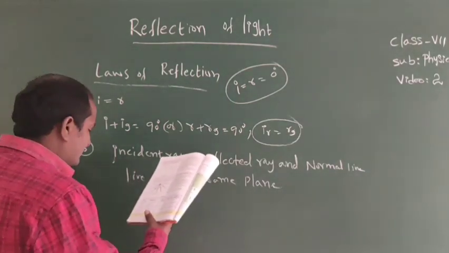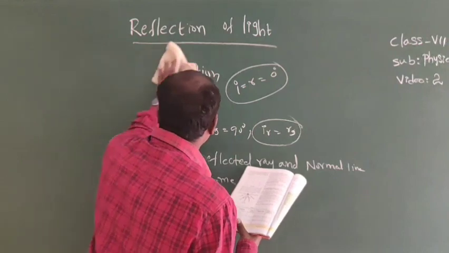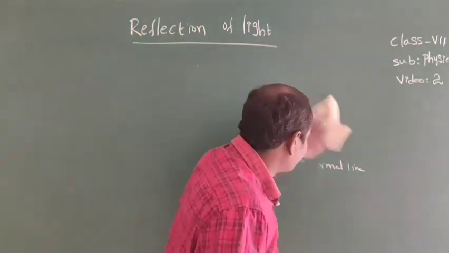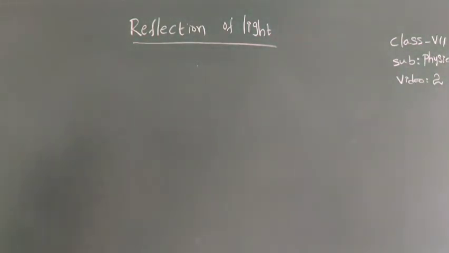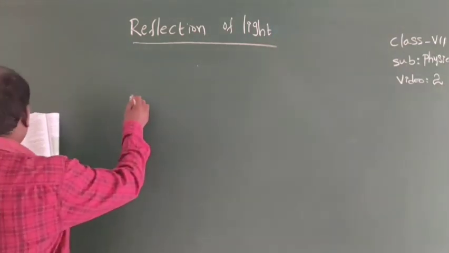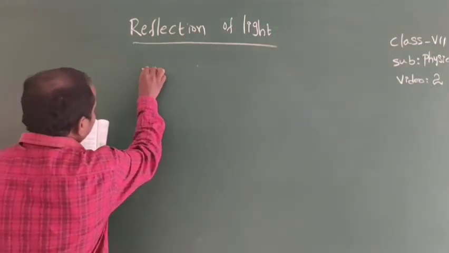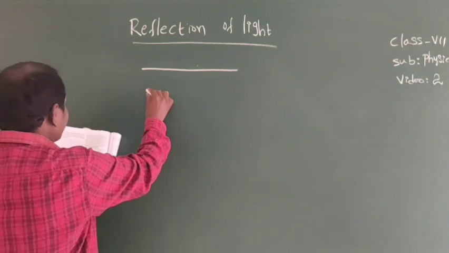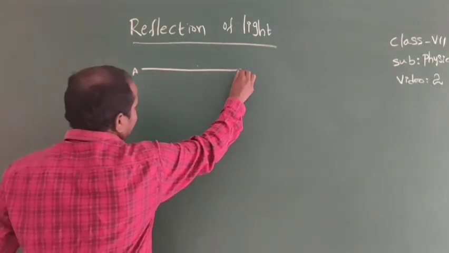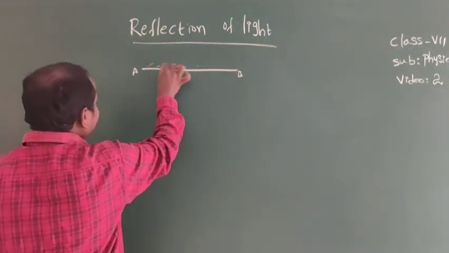On page number 84, what diagram is given? It is a plane mirror or reflecting surface.